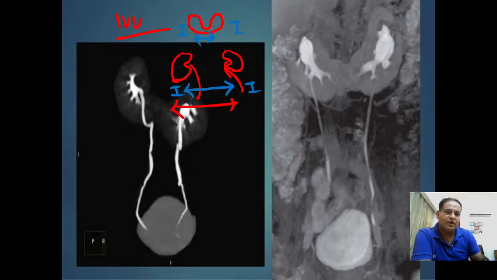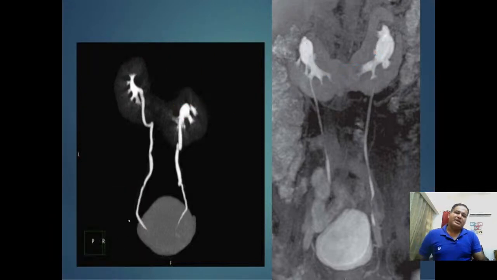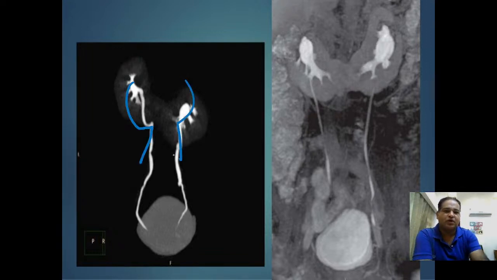See here, the ureters are appearing with a flower vase appearance.